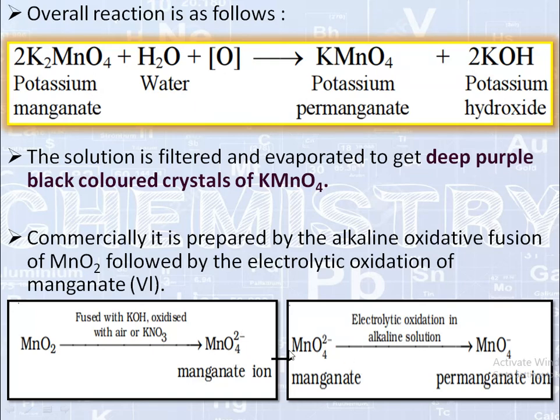Then manganate ion is converted into permanganate ion. This is the second step of the reaction. So using this we can get permanganate, that is potassium permanganate, KMnO4. Thank you.